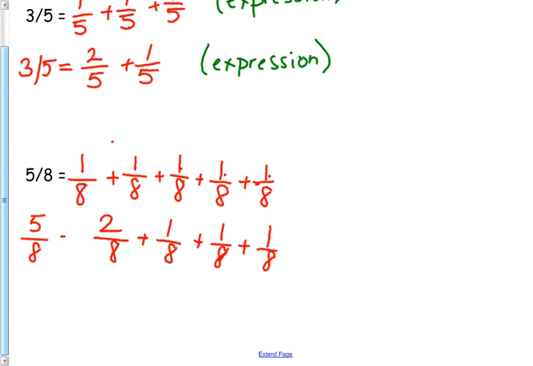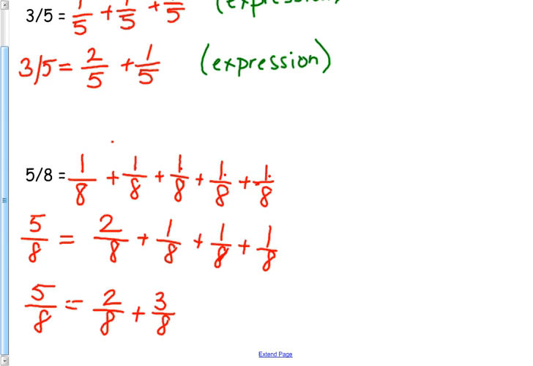I could also say that 5/8 is equal to 2/8 plus, now I see a bunch of 1/8 here still. 1/8 plus 1/8 plus 1/8 gives me 3/8. So I can also represent 5/8 as 2/8 plus 3/8.